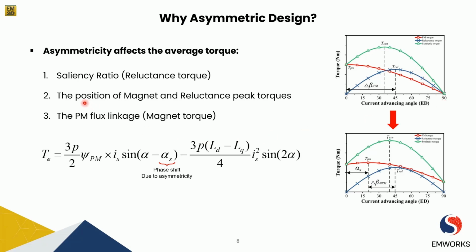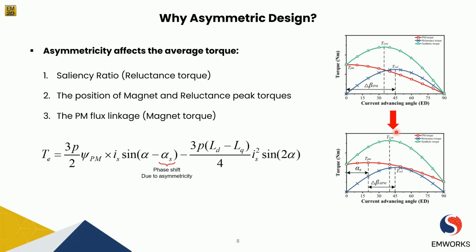But also we can change the position of the magnet and reluctance peak torques, where we can close the gap between the peak of the magnetic torque and the reluctance torque. As a result, by combining these two curves, we can reach higher final torque. This is one of the unique results of asymmetric design. We can create this phase shift, and it can help us to improve the torque.